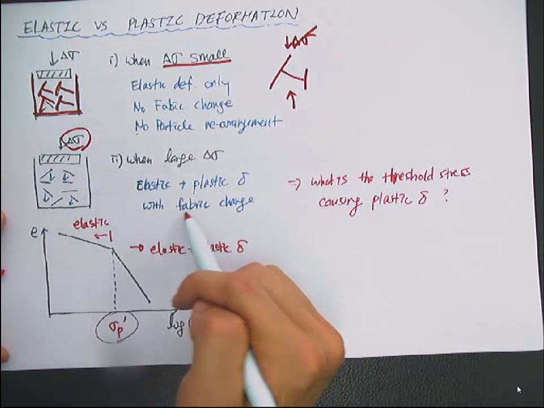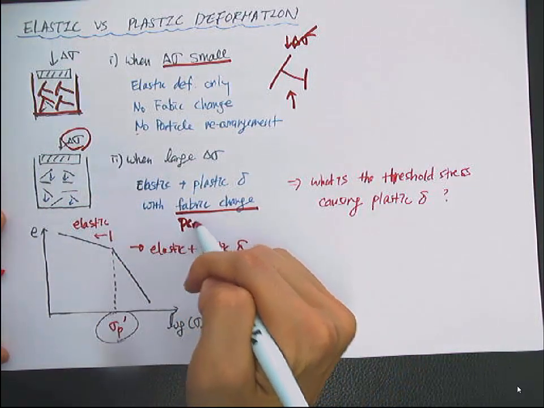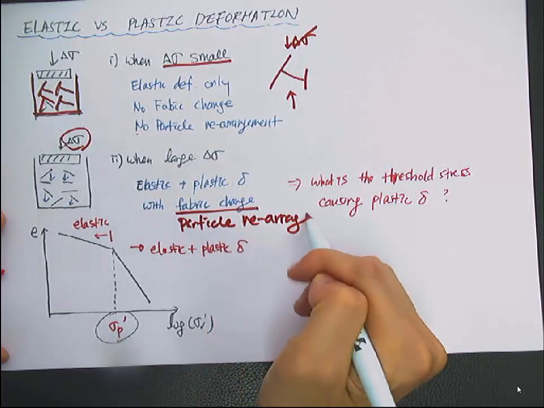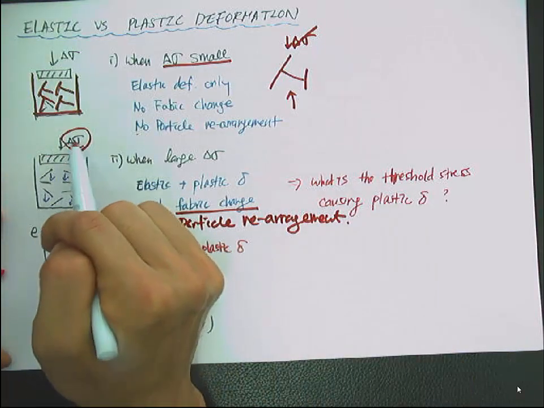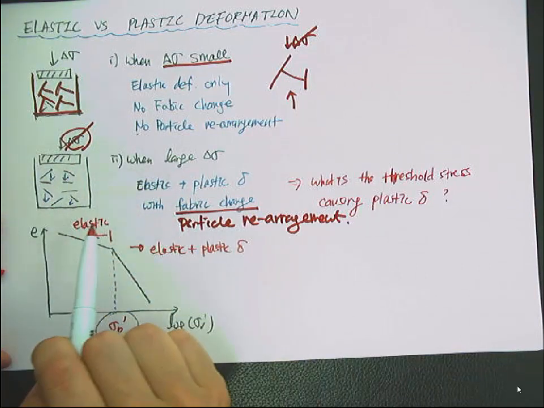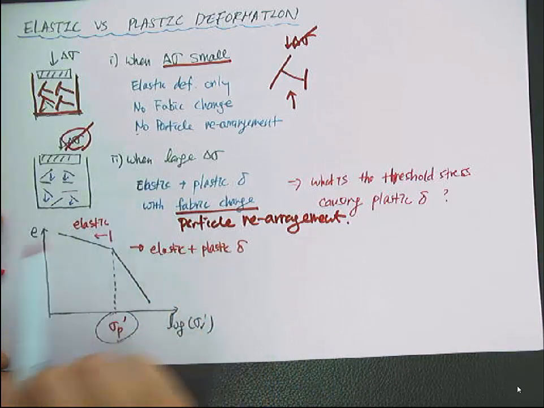So the fabric will change and the particles will move. Particle rearrangement will occur. So when you remove this delta sigma, there will still be permanent deformation, in addition to the elastic deformation.